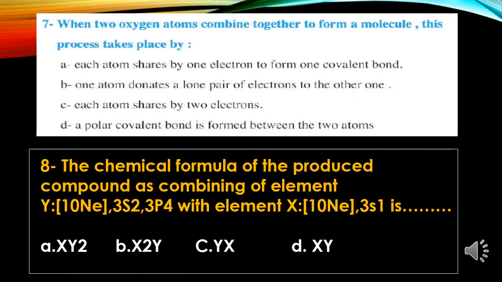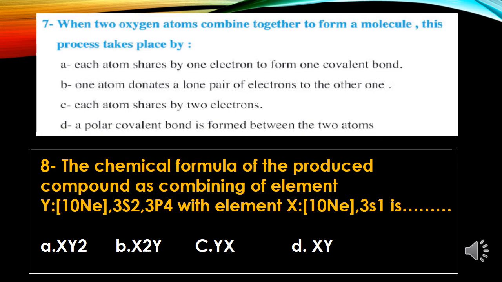Question number 7. When two oxygen atoms combine together to form a molecule, this process takes place by A, each atom shares 1 electron to form 1 covalent bond; B, one atom donates a lone pair of electrons to the other one; C, each atom shares 2 electrons; D, a polar covalent bond is formed between the two atoms.